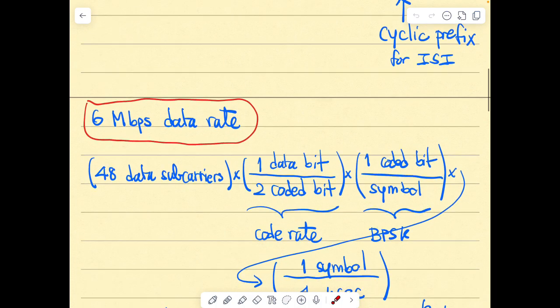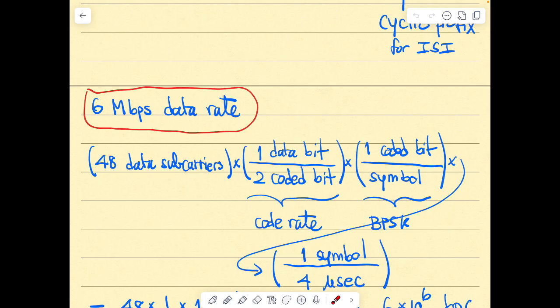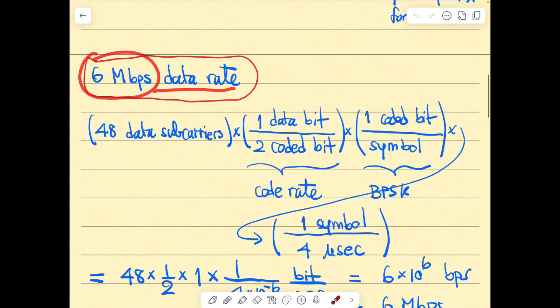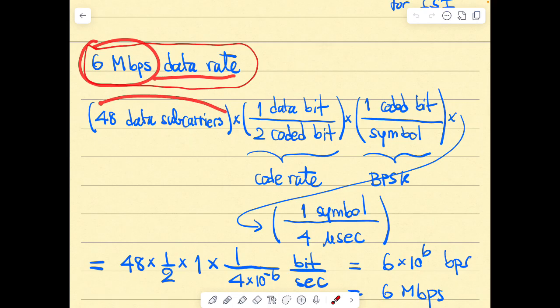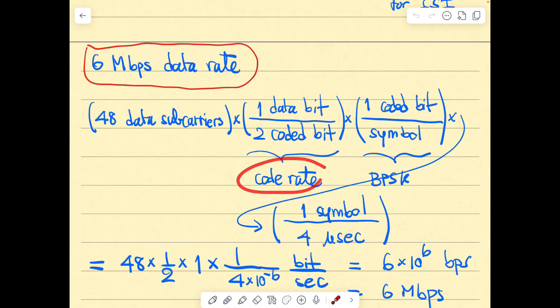So let's look at the lowest rate, which is the 6 megabits per second data rate. Where does that come from? Remember we have these 48 data subcarriers, and each one will carry a different data stream. We use the lowest code rate, which is 1/2. What does that mean? It means for one data bit, the output from the encoder will be 2 coded bits.